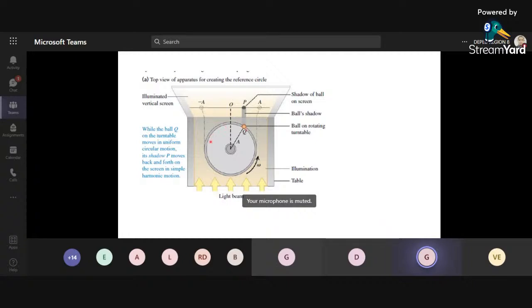So let me go back. The ball moves in uniform circular motion. So Q will cast a horizontal shadow on the screen, which is point P. As Q rotates, P also moves like that of a spring mass system. So this shadow oscillates.